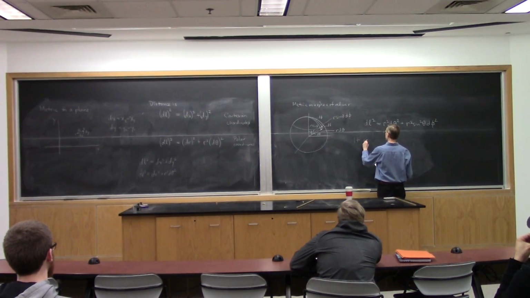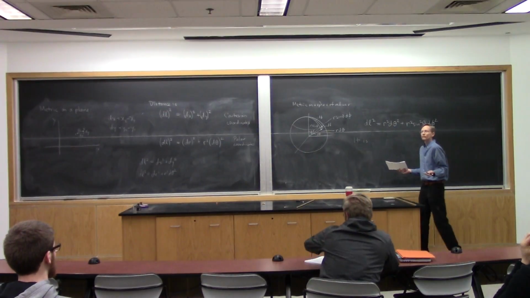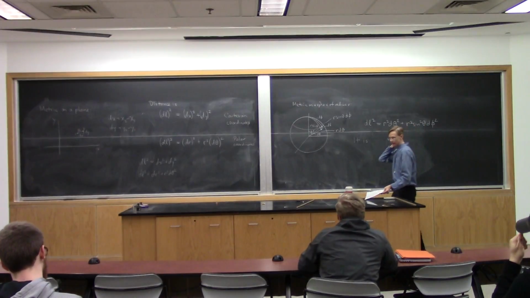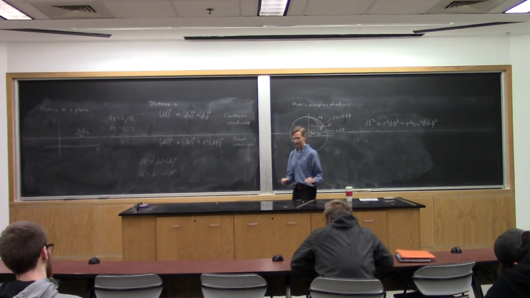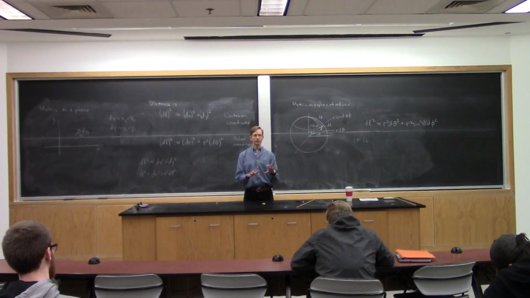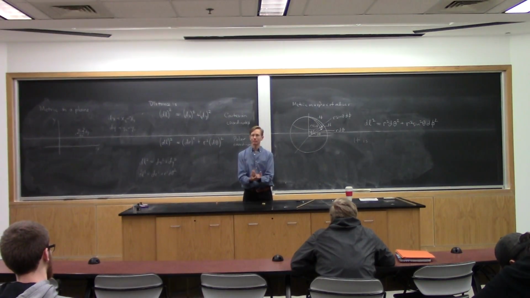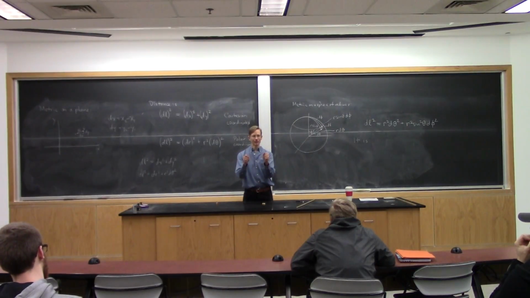So here's our assertion. We're not proving it, but intuitively it makes sense. Because if you could do that, you could wrap a bowling ball with a piece of paper and not have it crumple up on you. The piece of paper has Cartesian coordinates, which specify the distances between all the points.